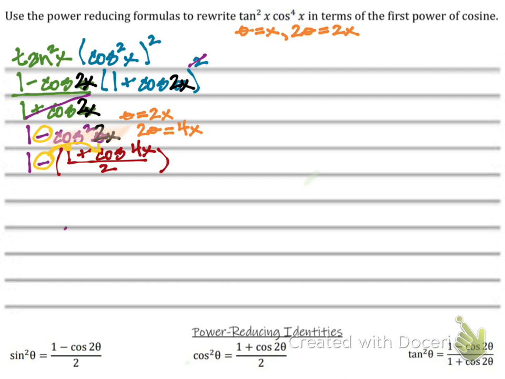So we are going to have 1 minus 1/2 minus 1/2 cosine 4x. So 1 minus 1/2 is 1/2 minus 1/2 cosine 4x.